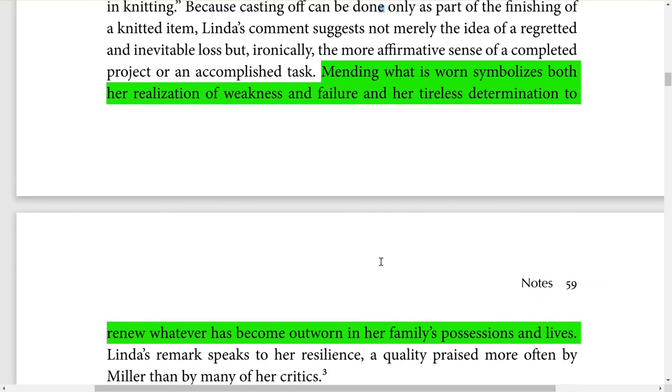Linda's remark speaks to her resilience, praised by Miller, right? And it talks about what it symbolizes, and it symbolizes her realization of weakness, that realization.